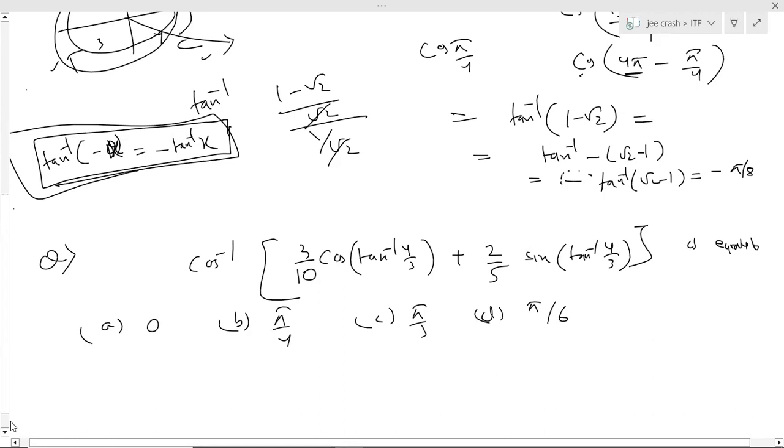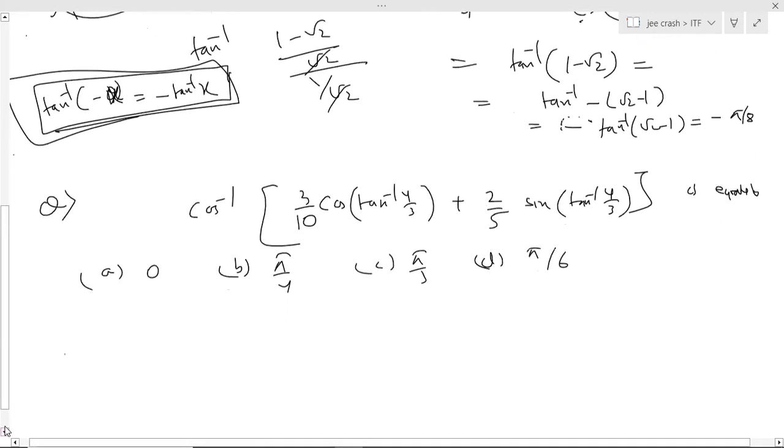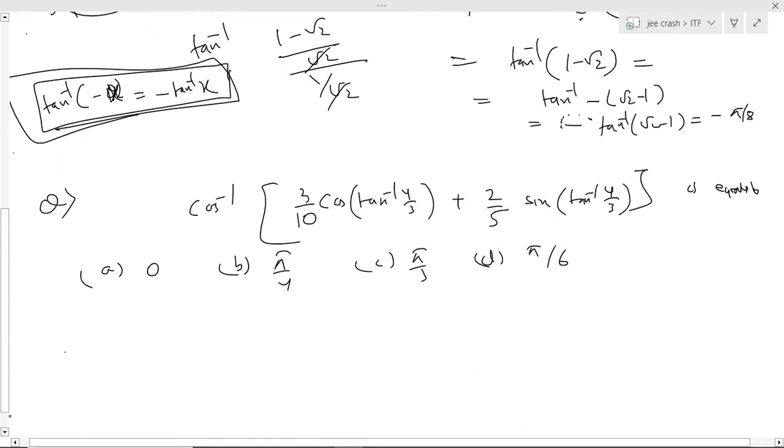All right, this is a JEE Main 2022 question. Very simple question. All right, in inverse trigo, the main weapon we have is, if this is cos of some angle, then convert this angle into cos, and convert this angle into sine.